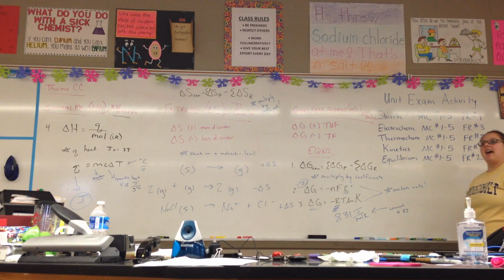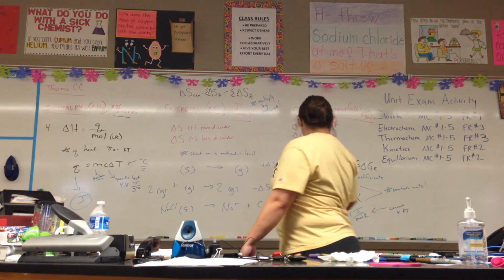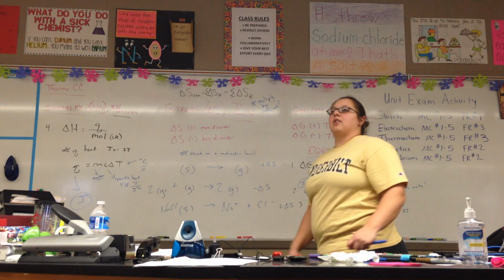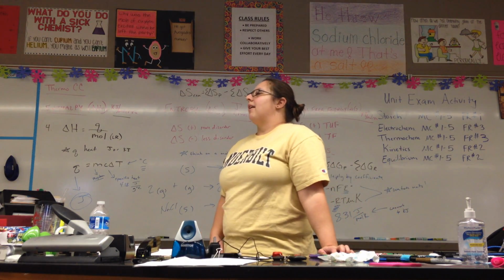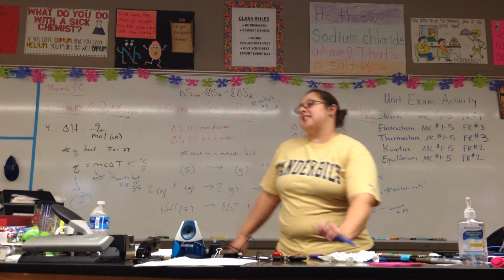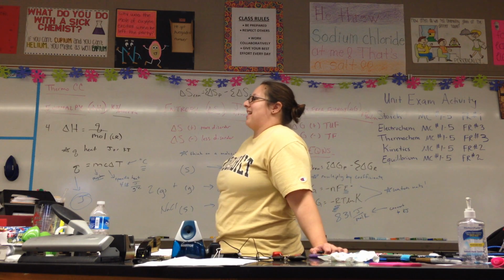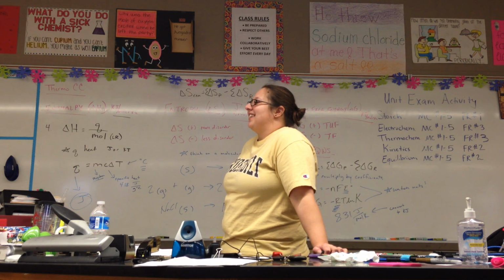Are you all right with that? It'll be 0.00831. When you solve for delta G, it will be in joules, so you have to convert it to kilojoules.